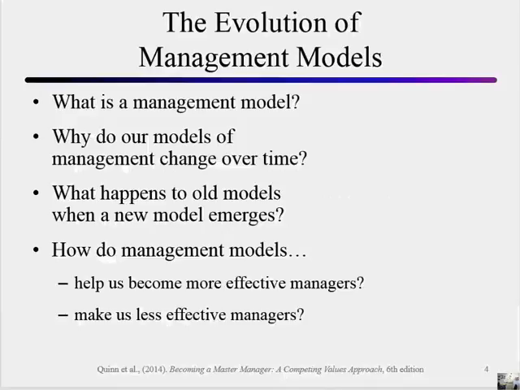And models of management have changed over time as other things have become important and as we learn more about ourselves as human beings. Psychology, psychoanalysis, a big part of the latter part of the 19th century, going into the 20th century, that has increased our understanding of human beings.